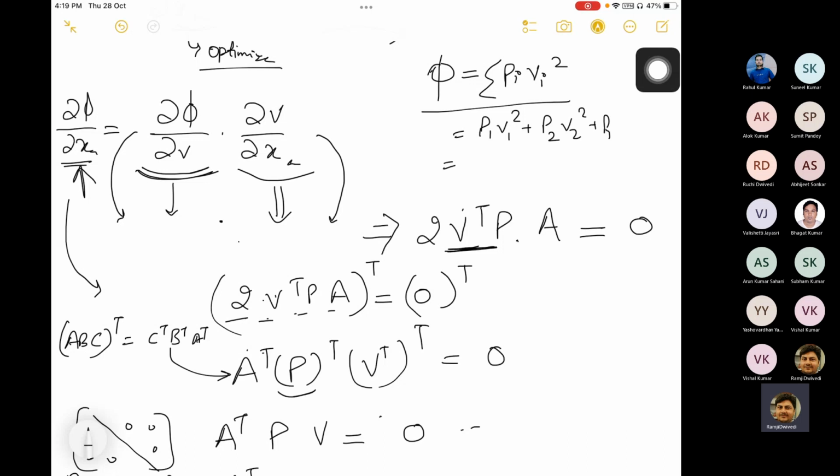Okay, and the moment you take the differentiation with respect to v, it would only be 2 p v, everywhere it is 2 p v. V is your n cross 1. Here you are representing V as a summation inside this function.